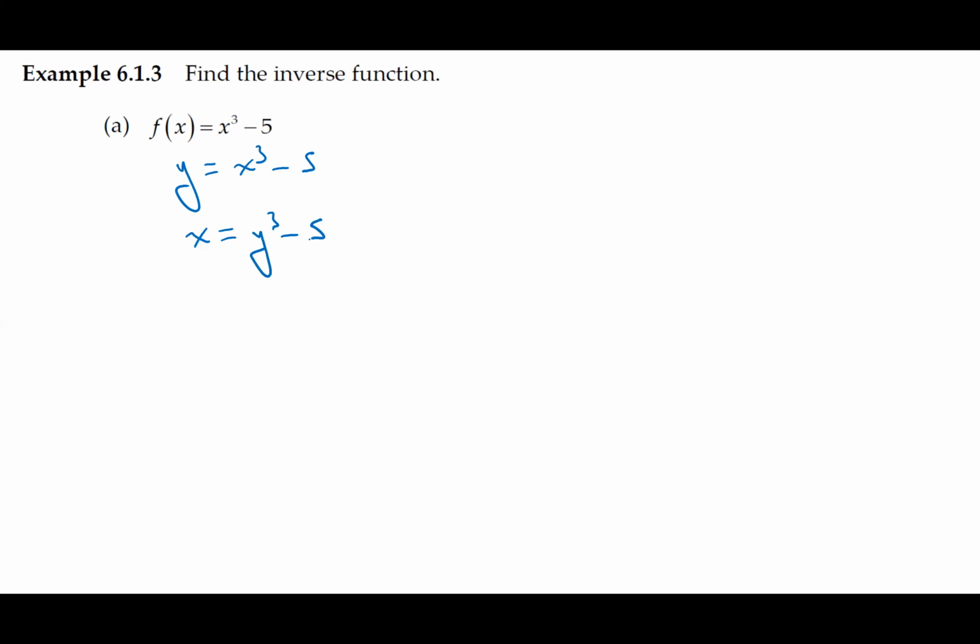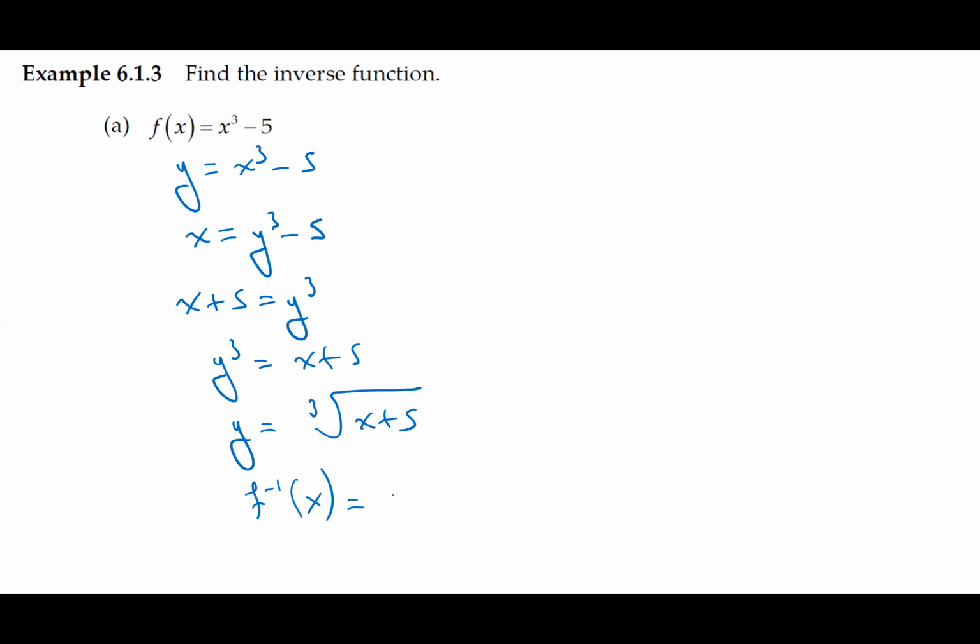And then we just solve for x. I'm sorry, we solve for y, right? x plus 5 will be y cubed. I turn this around just to make it look better. y cubed equals x plus 5. And so y will be the cube root of x plus 5, which I'm going to rename as f inverse of x, it's the cube root of x plus 5. Okay?